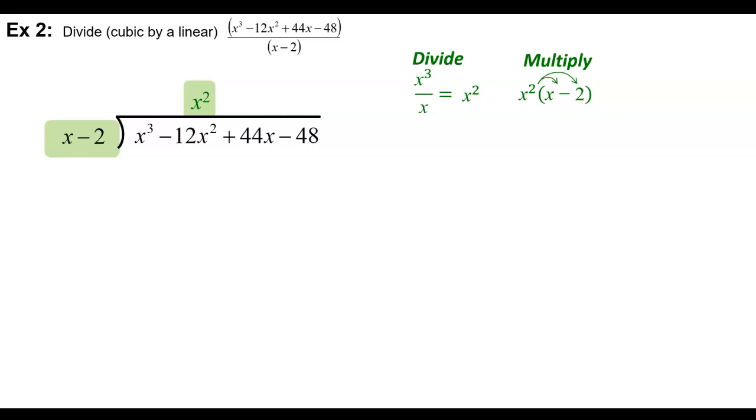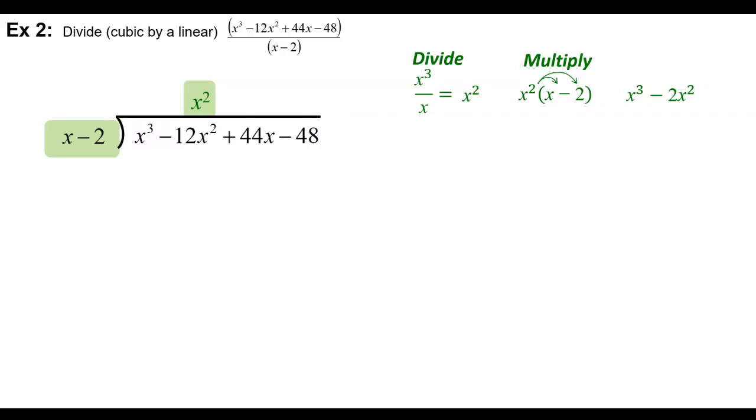X squared times an x. X cubed. And then what's x squared times negative 2? Negative 2x squared. Okay? So do y'all see off to the right there? When we multiply, we get that new expression, x cubed minus 2x squared.